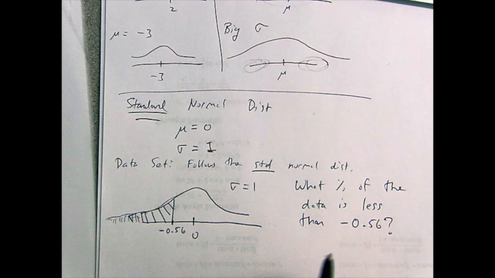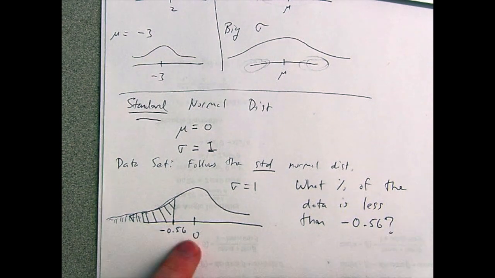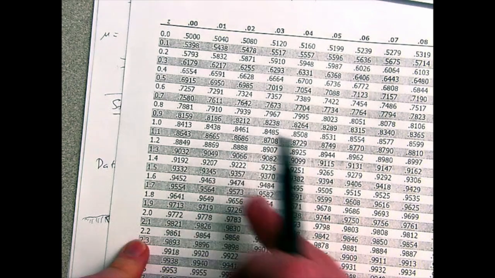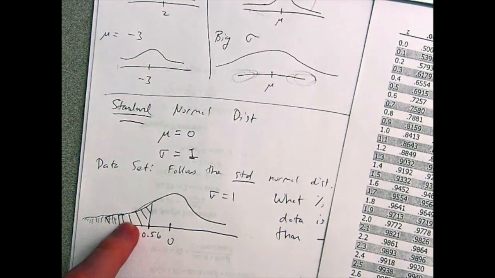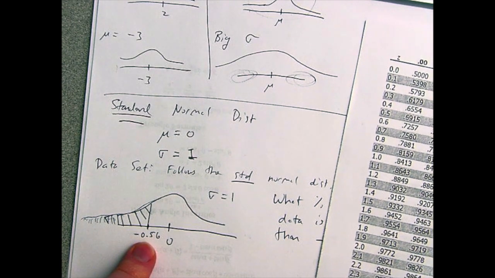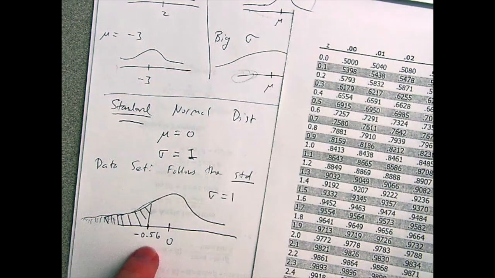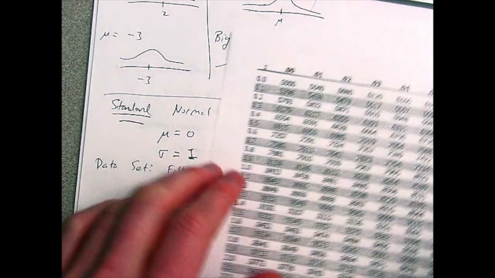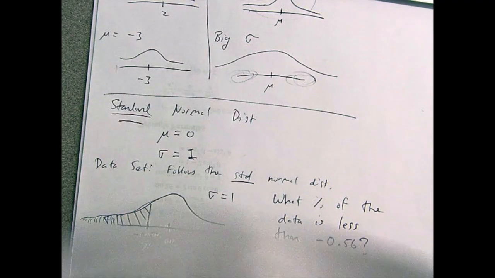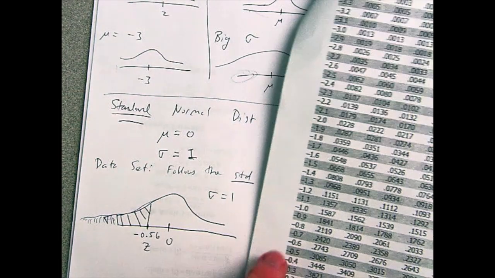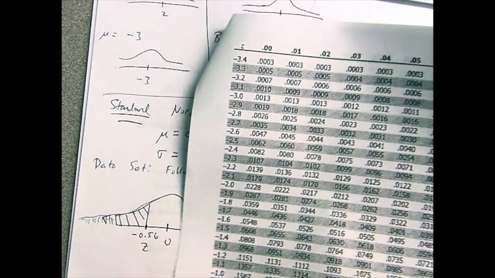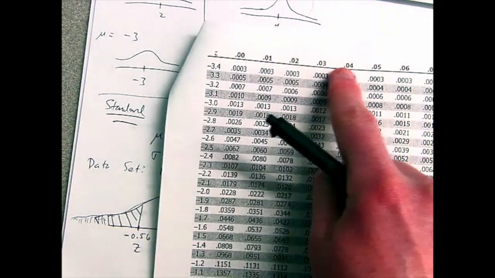Now, what is that exactly? Well, areas to the left of values are exactly what these things are right here. So if you want to find the area of this region, and we do, you just have to look up negative 0.56 in the z-table. That's a z-value, right? That's what appears in this column here. So I need the negative side of the table. I want negative 0.5, and then to get the next decimal place, 0.06, I look along here.